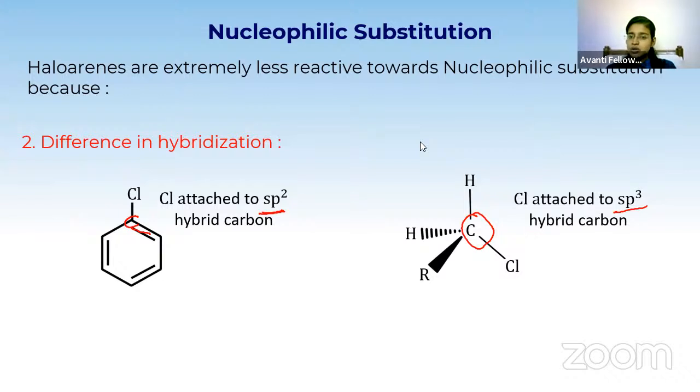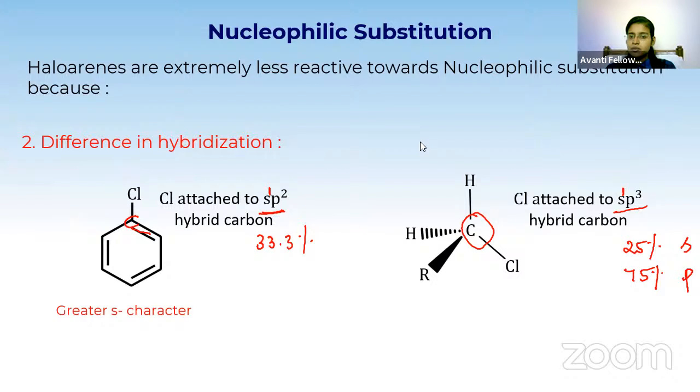So in sp2, the S character is more, right? Here it is a 1:2 ratio, so the S character will be around 33.3%, and the remaining 66 point something will be P. But in sp3, it is a 1:3 ratio, so it will be 25% S character and 75% P character.